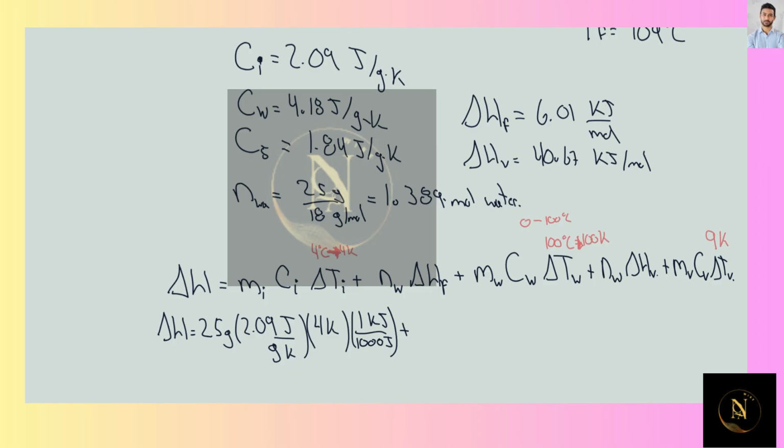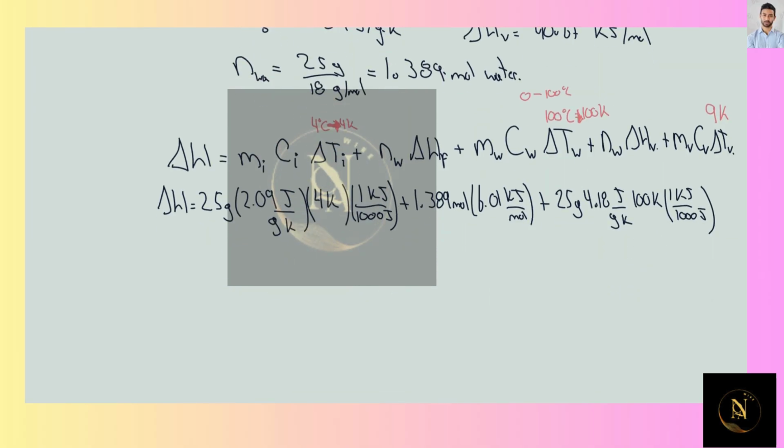The next contribution is going to be amount of mole of water. We said that was 1.389 mole times delta H of fusion of water, that is 6.01 kilojoules per mole. Plus, now the next term, mass of water, again 25 grams, heat capacity of water 4.18 joules per gram Kelvin, delta T is going to be 100 Kelvin, and the conversion factor of joules into kilojoules. So 1 kilojoule is going to correspond to 1000 joules.